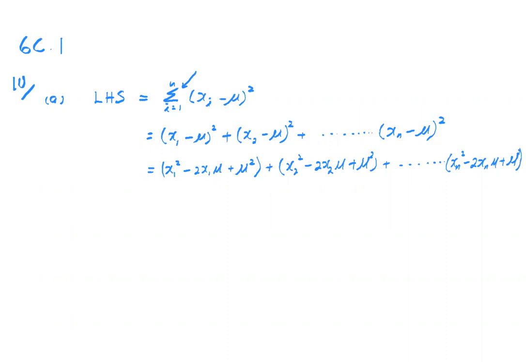Okay, so all these, I'm going to group them into 3 different groups. This is the first group: x1 squared plus x2 squared plus dot xn squared. So the second group will be the takeaway.